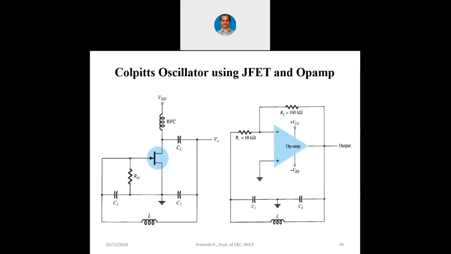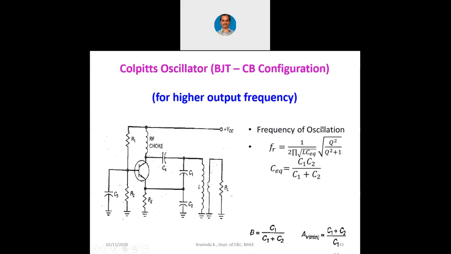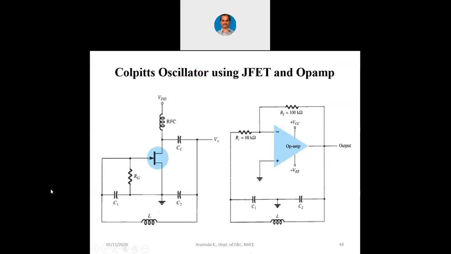Now how to construct a Colpitts oscillator using JFET and op-amp? Quite simpler now, because in case of JFET, always the input impedance is very high. Even in case of op-amp, the input impedance is very high. This we had discussed in the case of RC phase shift oscillator also. So we can directly have a fixed bias network, fixed bias JFET amplifier along with the RF choke.